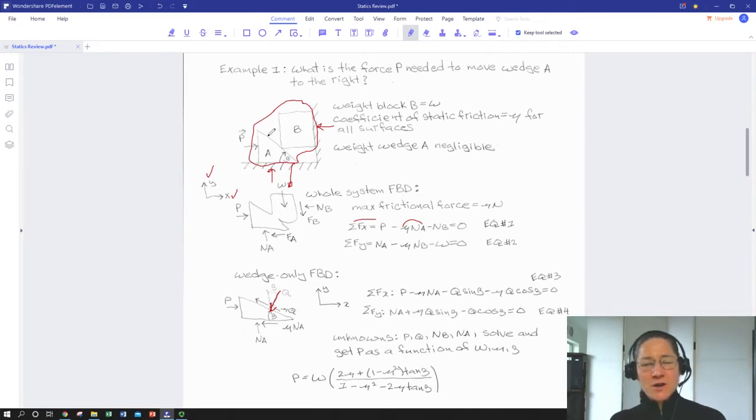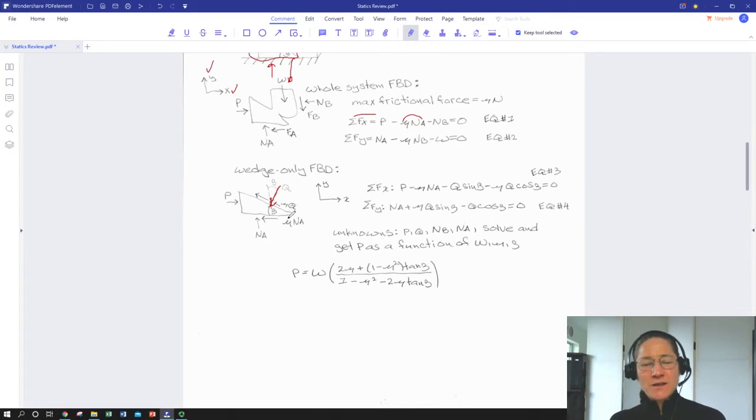So I have, because of the configuration here, acting at a point where the force between the 2 bodies we know is going to act perpendicular to the wedge, and we were also told that we have some friction between the wedge and the block, and that has the same coefficient of friction as the surfaces. So we have a normal force Q coming down from block B, representing the normal component of block B's weight.